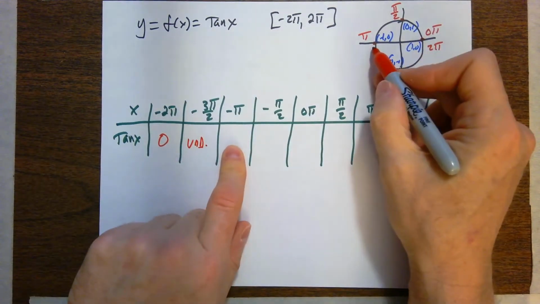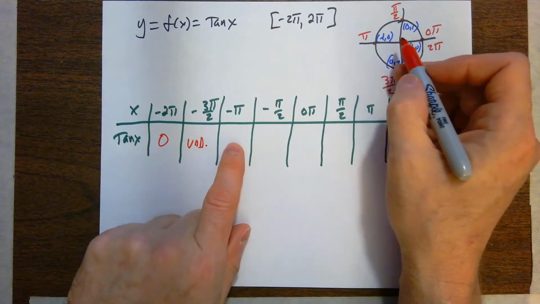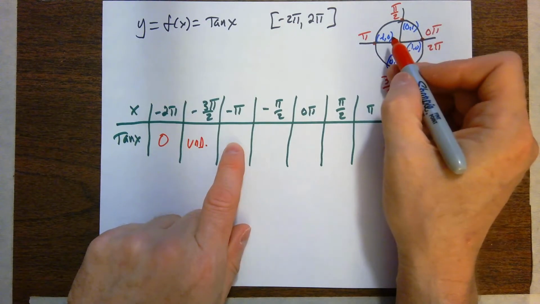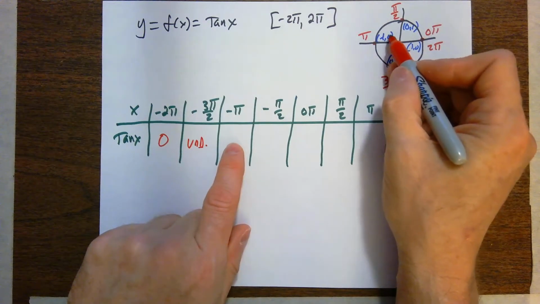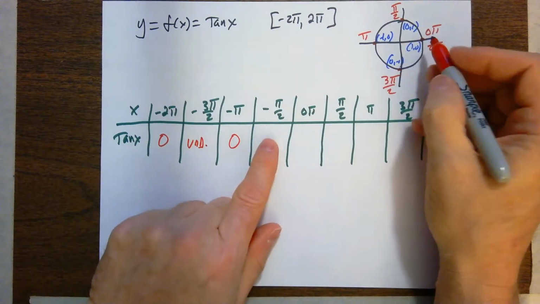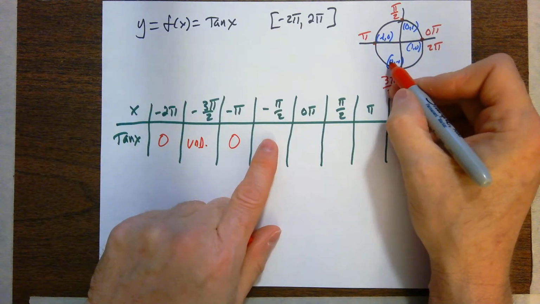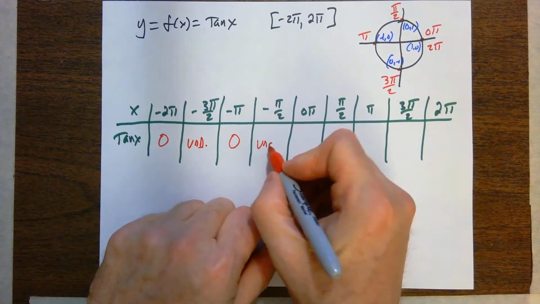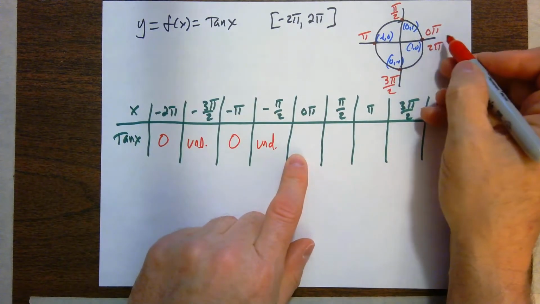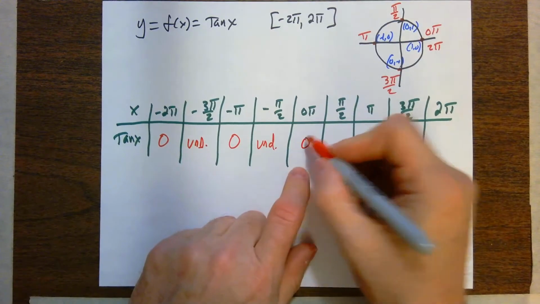How about at negative pi? Well, at negative pi, I'm again going to have the y value over the x value, 0 over negative 1, which is 0. At negative pi over 2, I'm going to have negative 1 over 0, which is undefined. At 0, I'm going to have 0 over 1, which is 0.